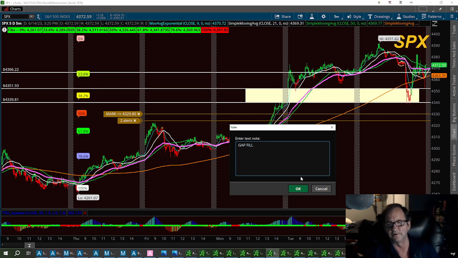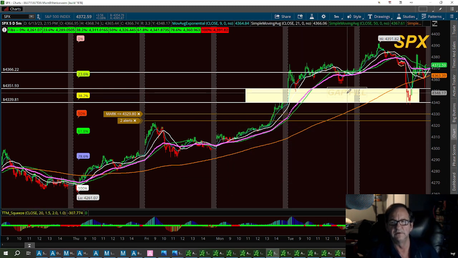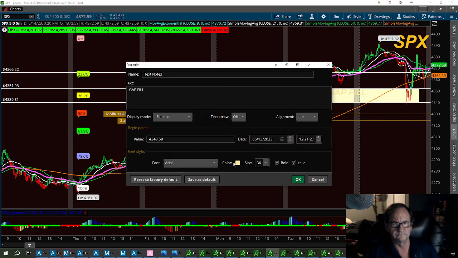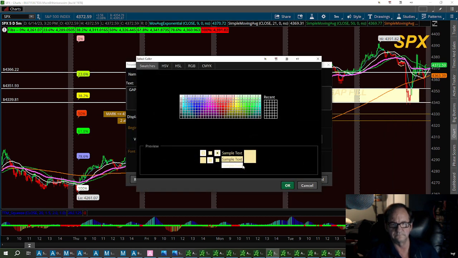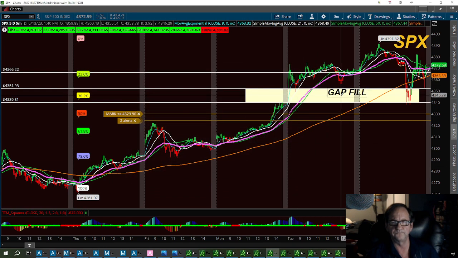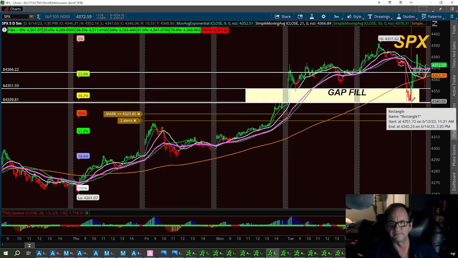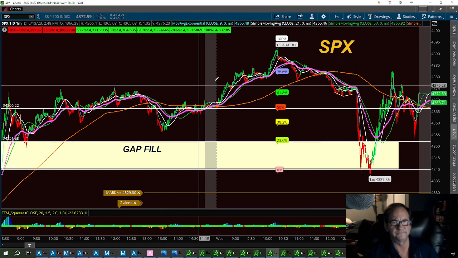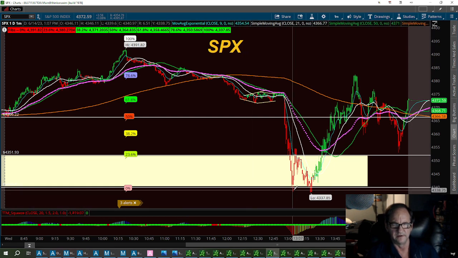That's what I call a gap fill. So we'll come in here, we'll bring us back down to the 1 minute time frame. We open it up, and there we have the gap fill.